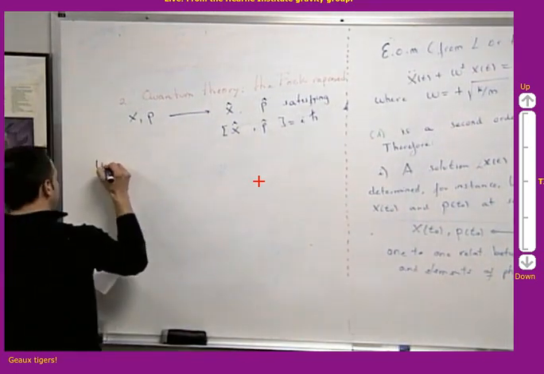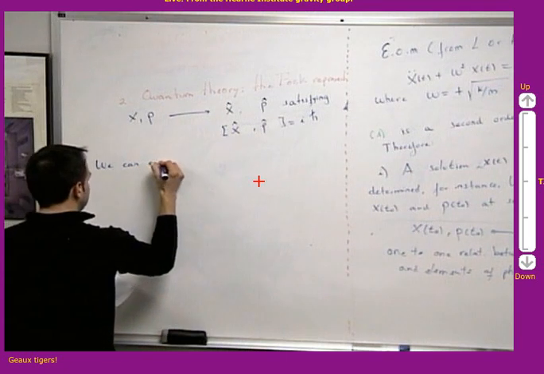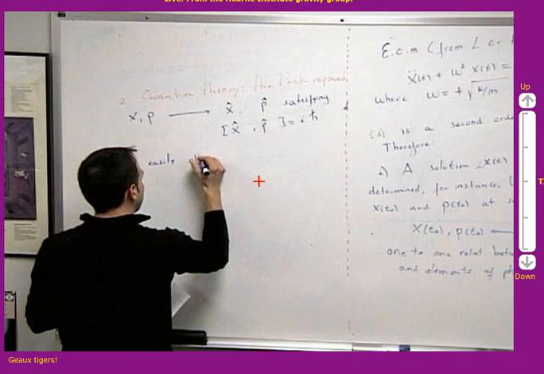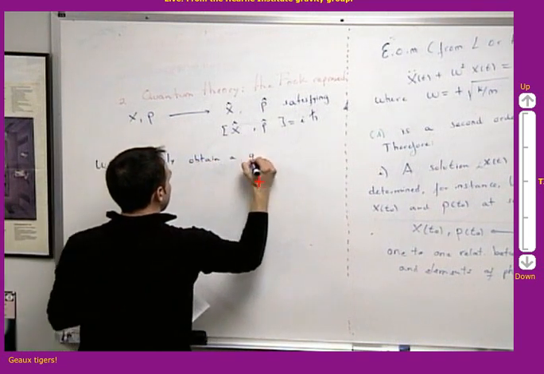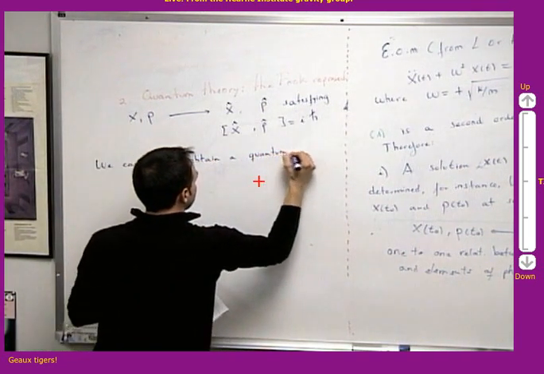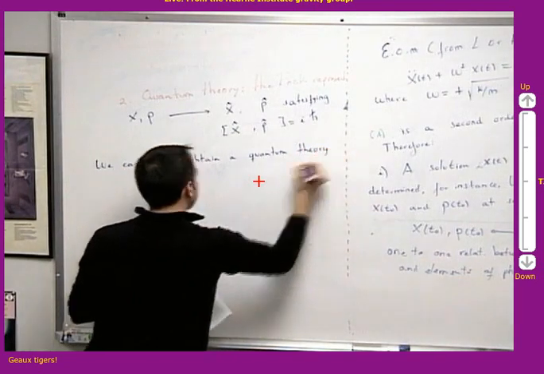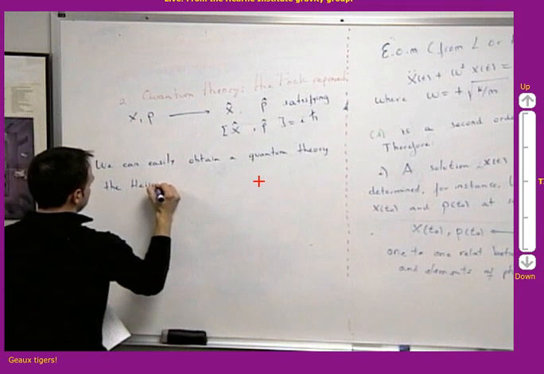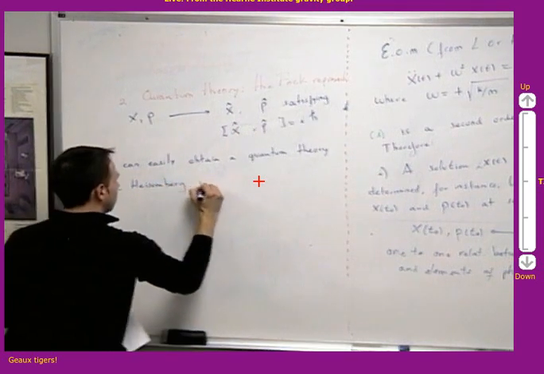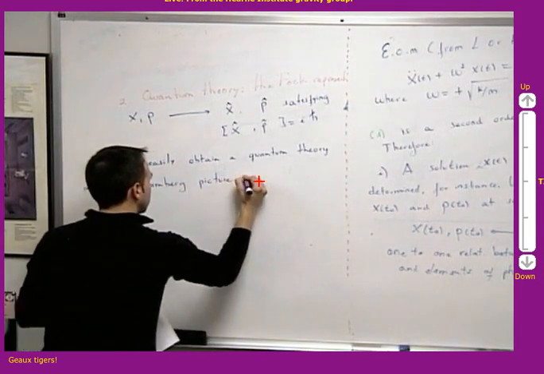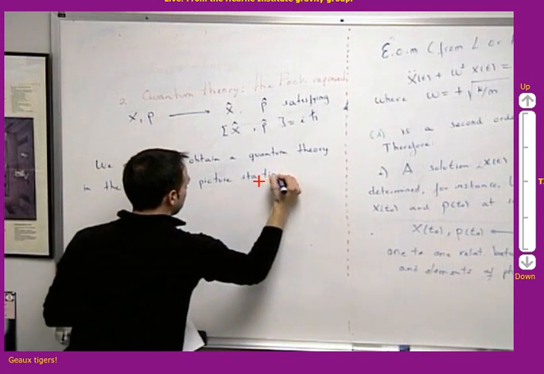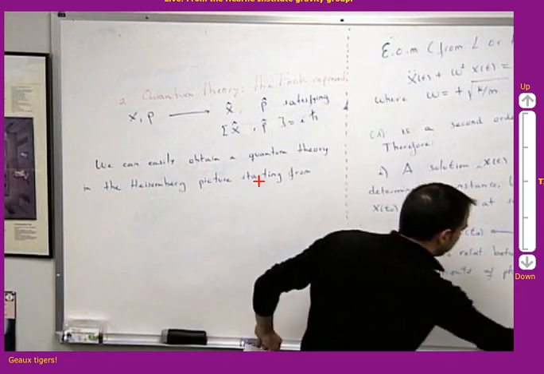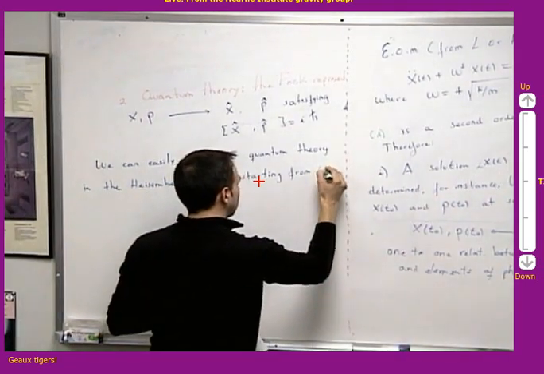We can easily obtain a quantum theory in the Heisenberg picture starting from those equations. I should give them a name. Let me call them equations 2.